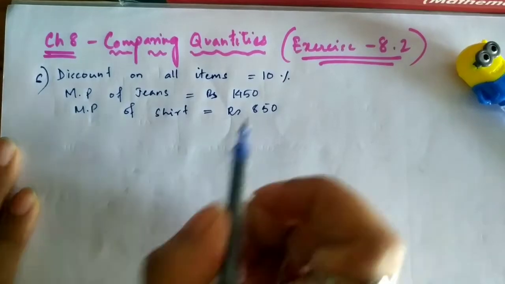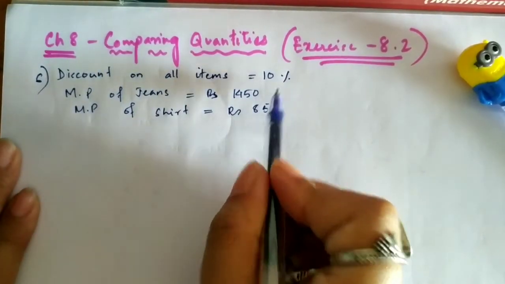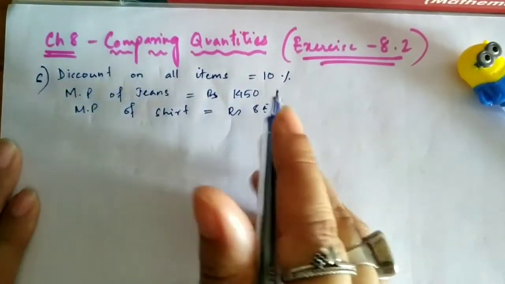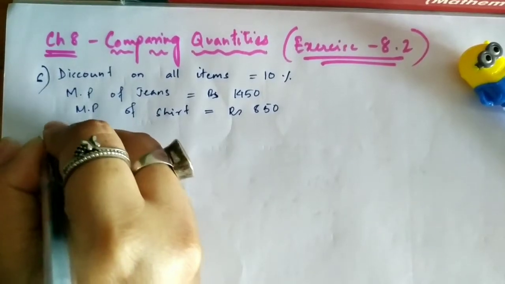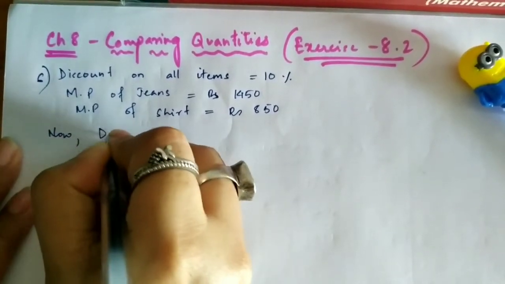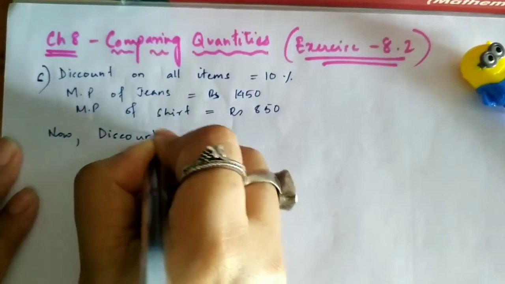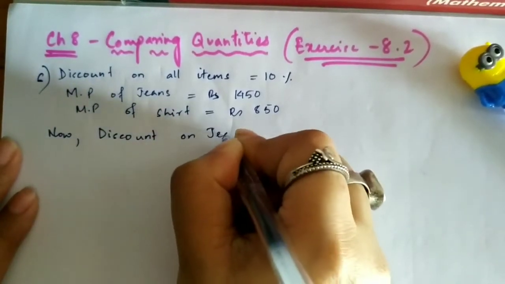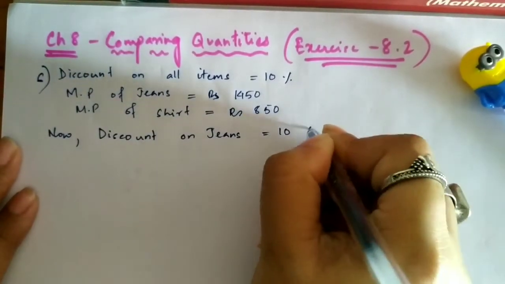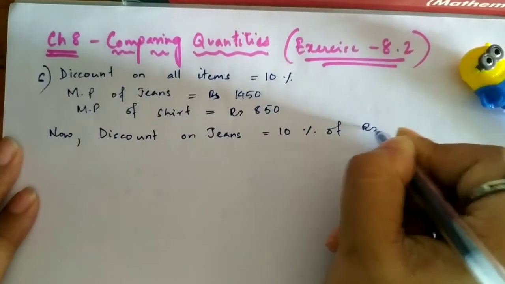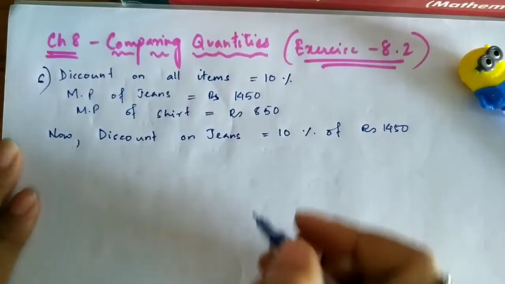Now if this is the marked price and this is the discount, what will be the discount amount that we get on the jeans? Discount on jeans will be 10% of rupees 1450, that was the marked price.